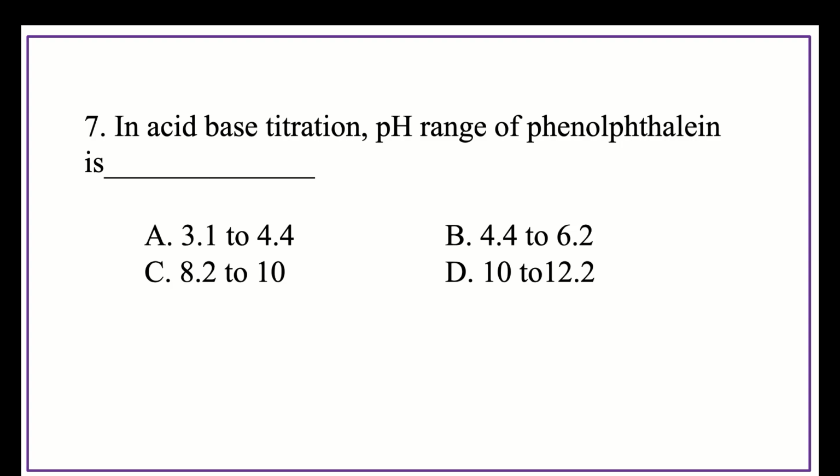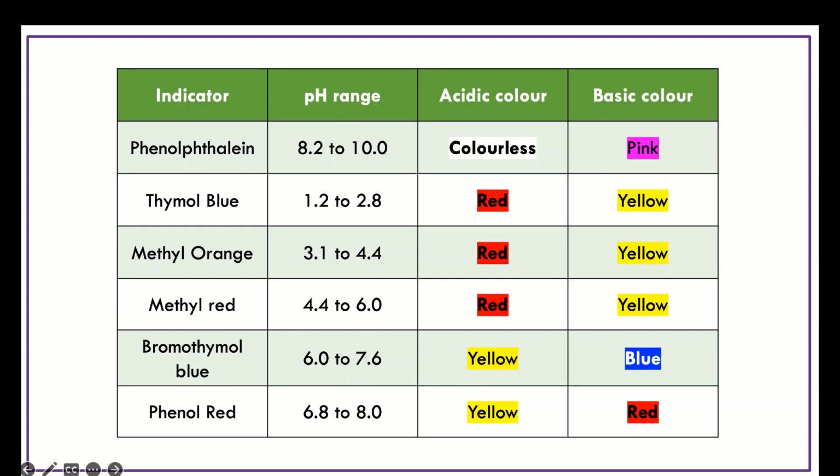So the pH range of phenolphthalein is 8.2 to 10. These indicators give specific color in an acidic or basic solution based on its pH range. So if we see phenolphthalein, it is having a pH range of 8.2 to 10, that is it gives a change in the color of the solution in highly basic medium, and in the basic solution it gives pink color, whereas in an acidic solution it is colorless.